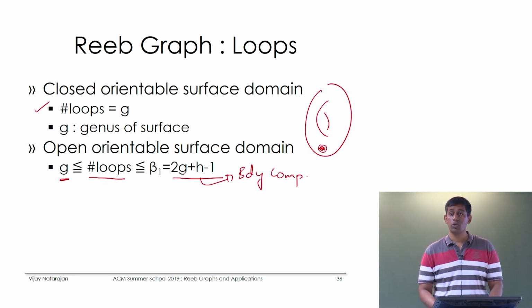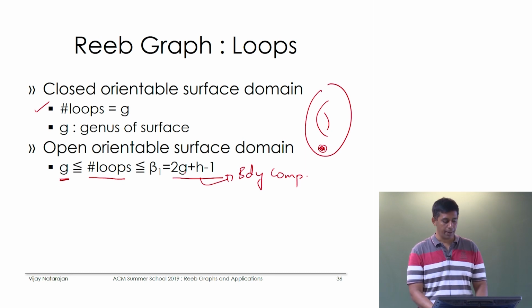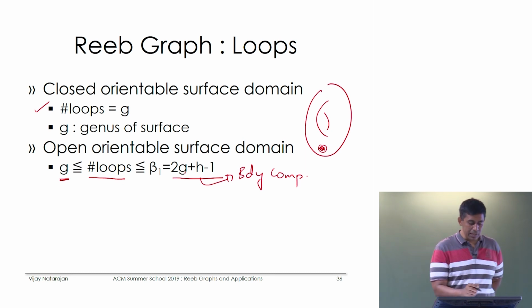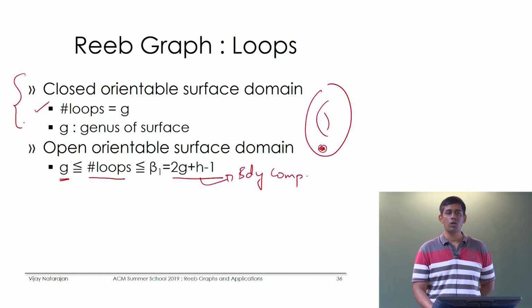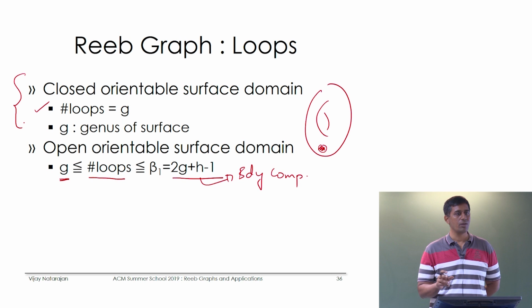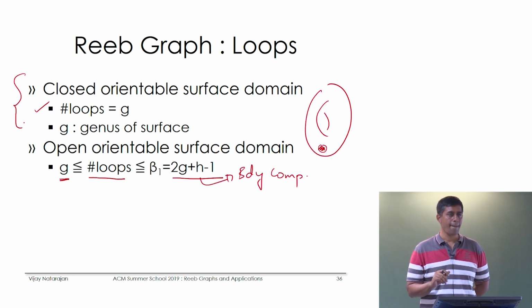So the number of boundary components significantly increases the number of possible cycles. But what is interesting is that in this case the number of cycles or loops is fixed no matter what function you choose. That is a very strong result.